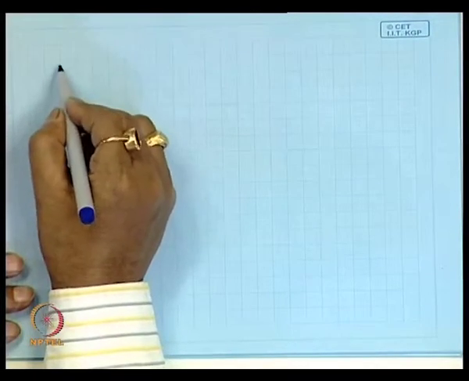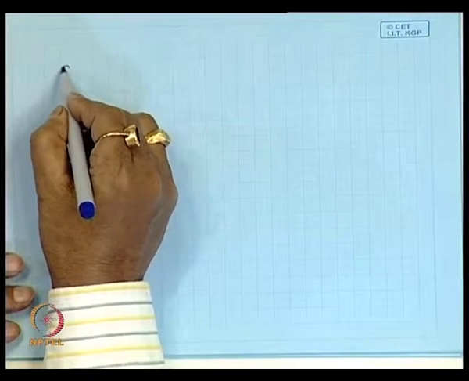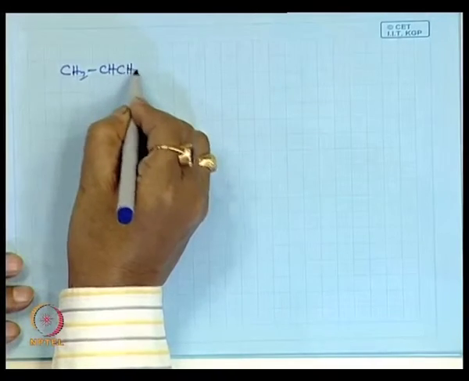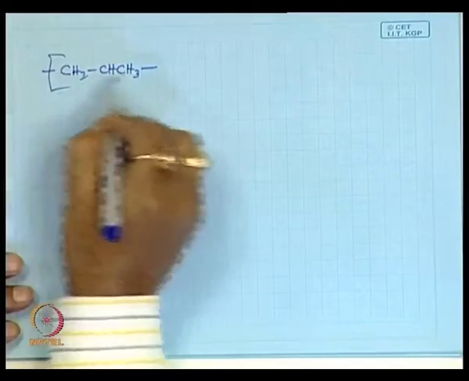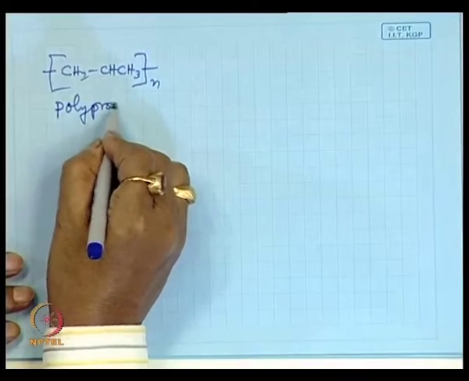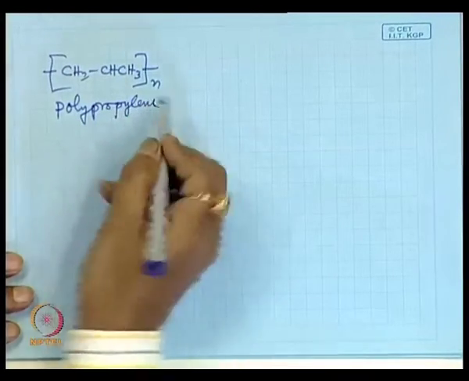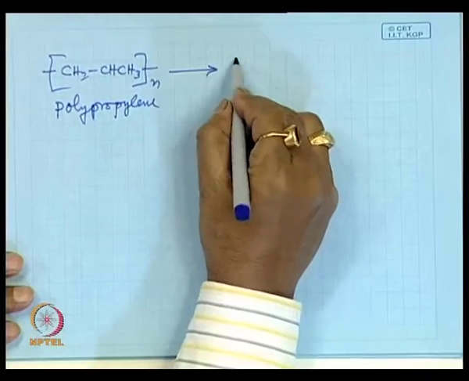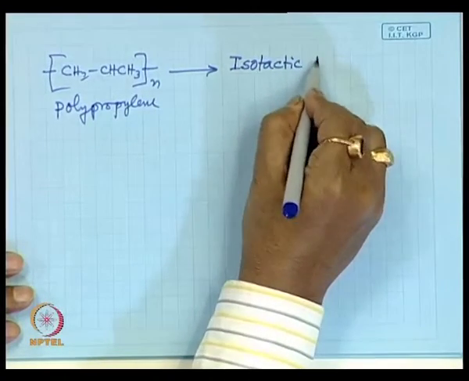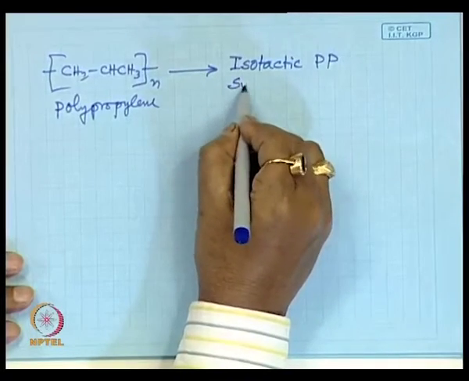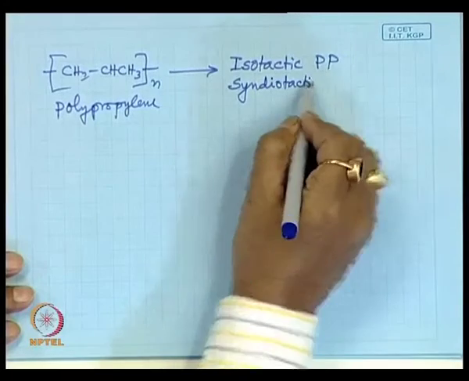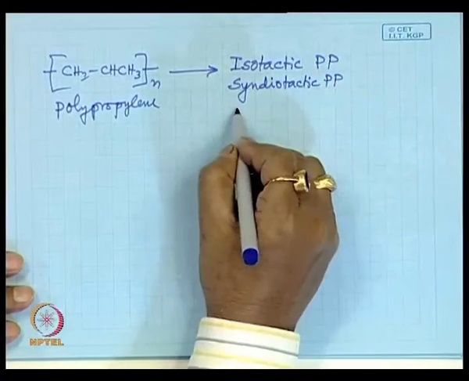So, that polypropylene leads to isotactic PP, syndiotactic PP and atactic PP.